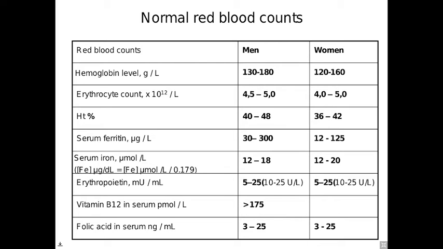We must consider the TIBC, total iron binding capacity, which will be mentioned later. We must consider such value like transferrin saturation with iron, I mean. Well, we must consider vitamin B12 and folic acid, in order to differentiate between B12 deficiency or folic acid deficiency.